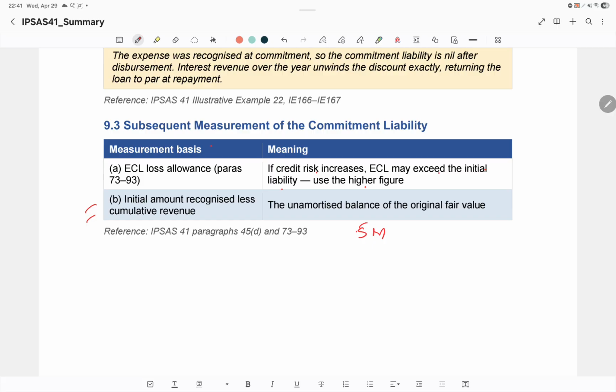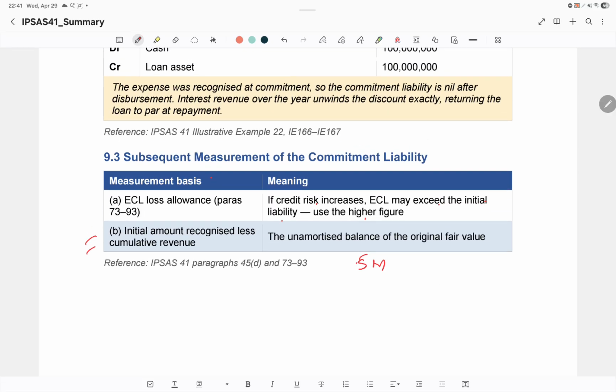So what does P mean? The unamortized balance of the original fair value, the remaining balance of the original. When the entity first makes a below-market loan commitment, it recognizes a liability at fair value. Later, the liability should not remain forever.